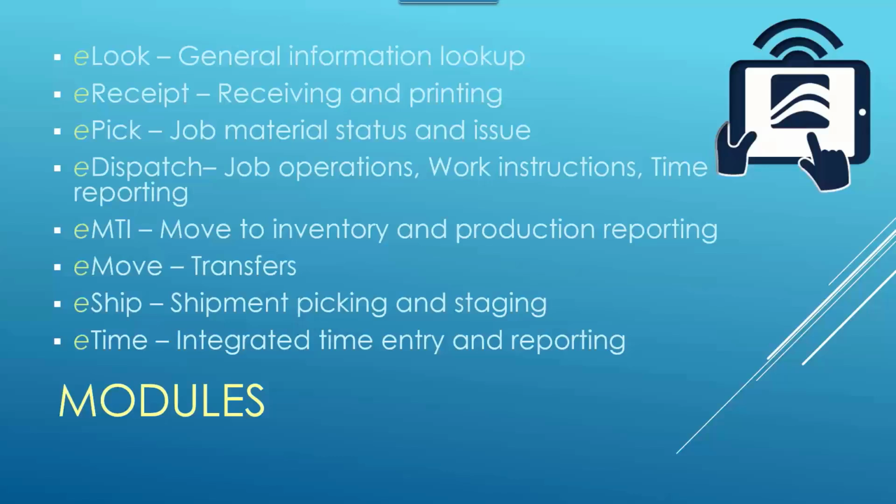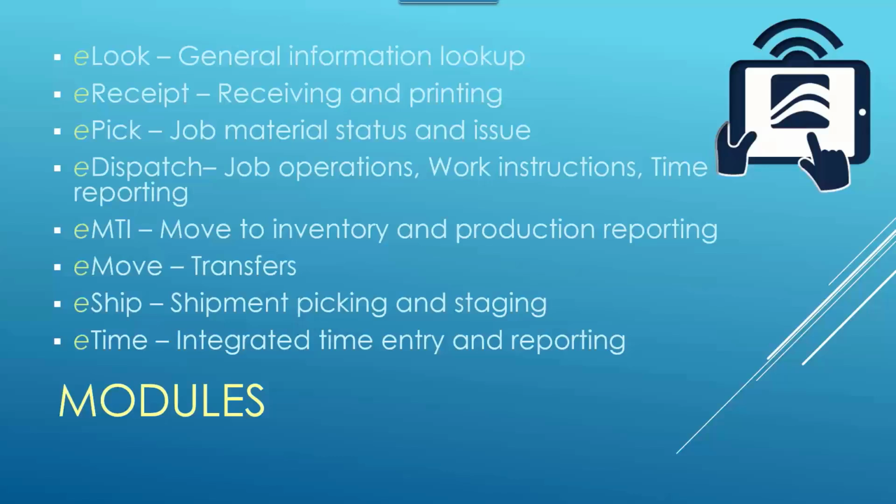So there's the number of different modules. We have a lookup, which is just basically general information, so I don't have to run to MobileManage to look it up. Receiving, that's the e-receipt. E-pick is the issuing, material status, if you will. E-dispatch is my dispatch list, work cell reporting, labor reporting.